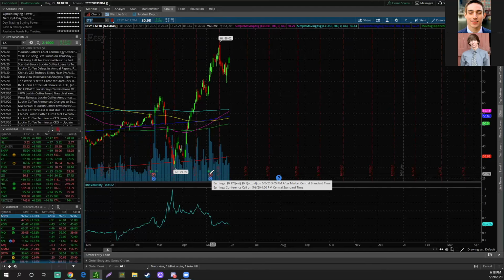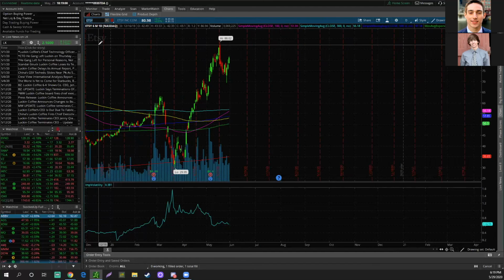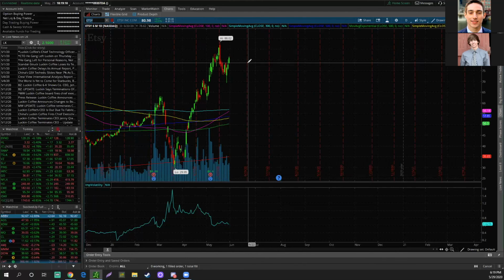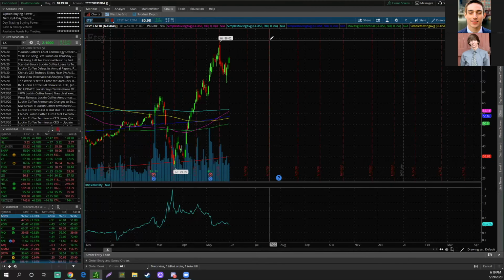I know what they do, and I know people who use Etsy, but we don't know their financial numbers. So pretty much just play it as a momentum trade. Where's the highs at? 88. So you can definitely play this as a short-term momentum trade up to 88. It looks like it has great momentum and is doing really good right now, so I like it as a short-term trade.